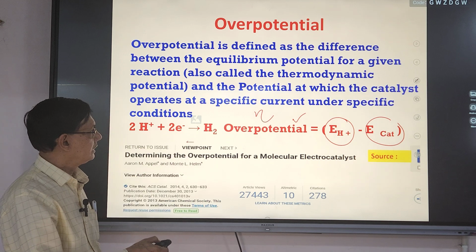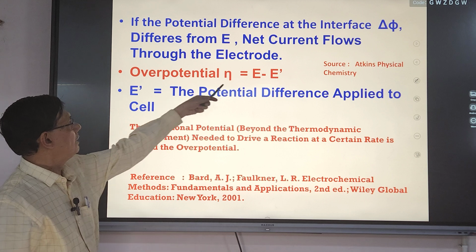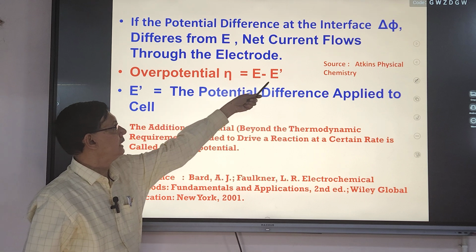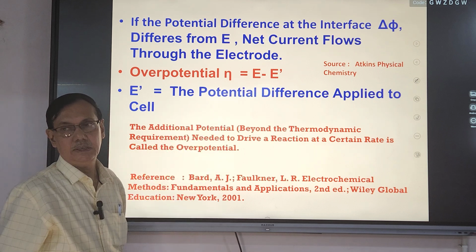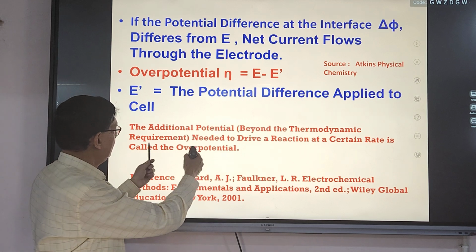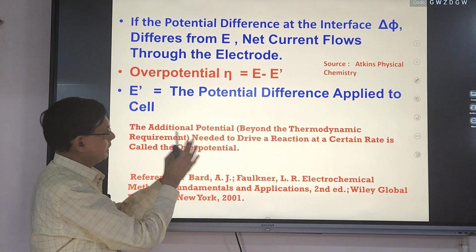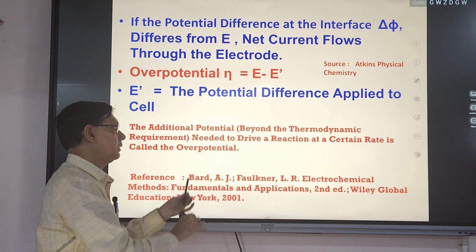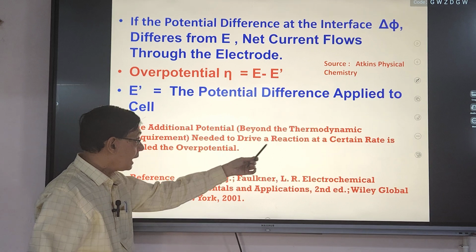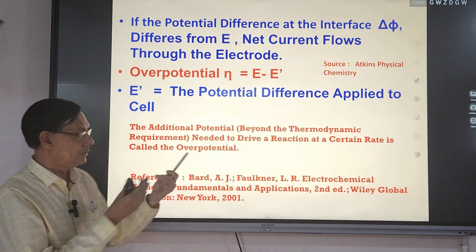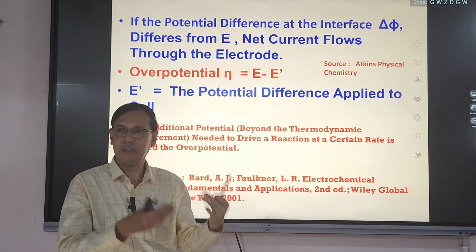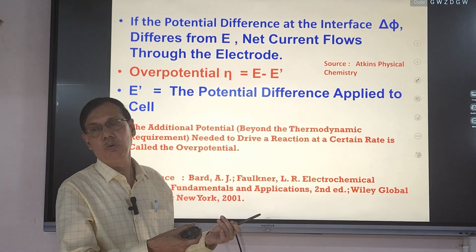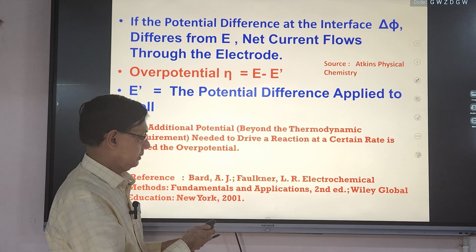So again I just repeat the same thing: equilibrium condition and the external source, voltage change. In the second case also the same thing, additional potential beyond the thermodynamic requirement, means at equilibrium, to drive the reaction at a certain rate. Otherwise there is equilibrium, no reaction, no electron flow, no current flow.